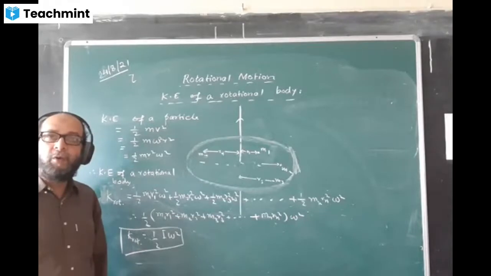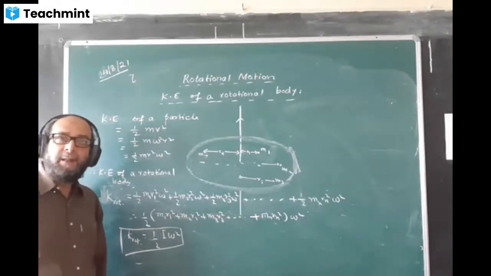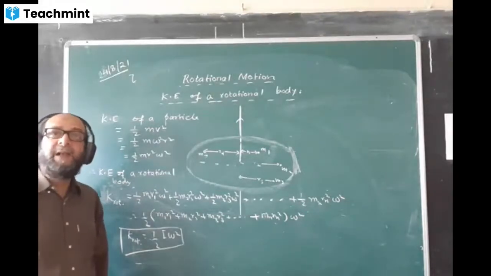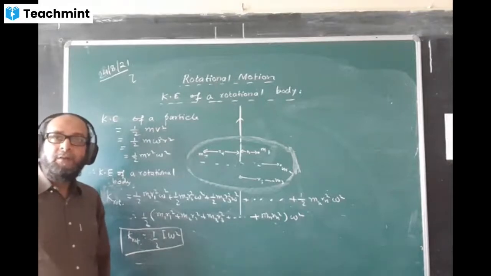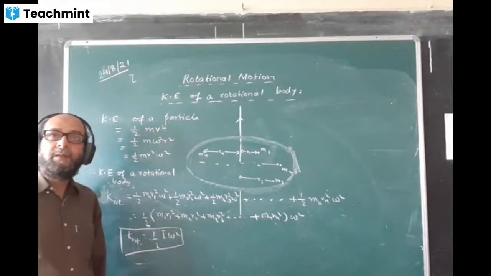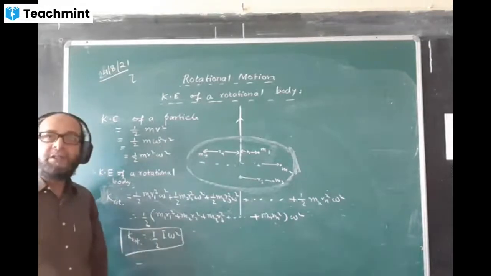In class 10 you never needed to know the formula, but now you have to. What is the formula of kinetic energy of rotation? Half I omega square. So this is done.